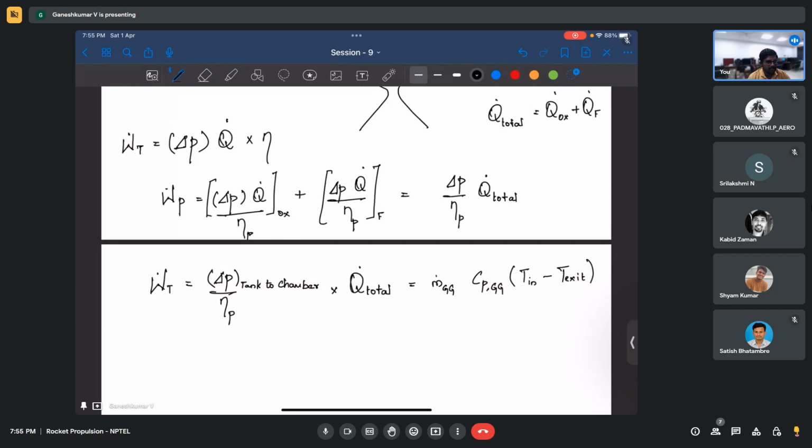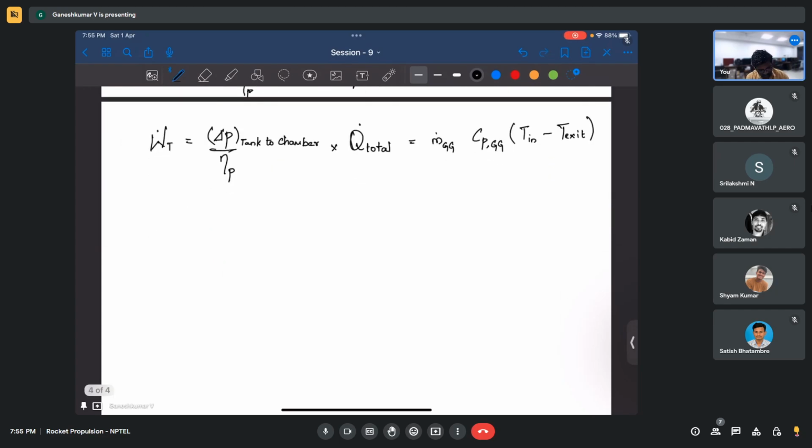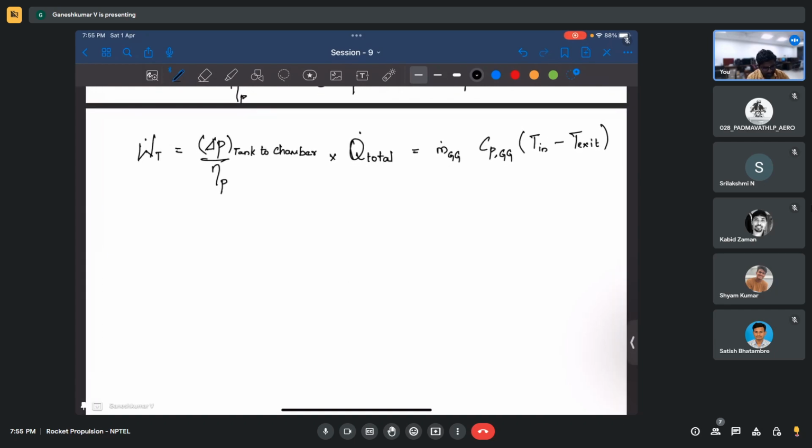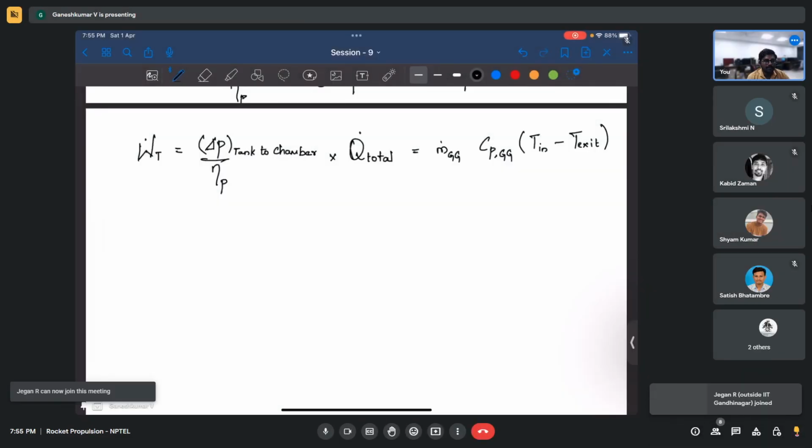Cp delta T, right? That is the energy lost by the gases in the turbine, and that should be equal to the turbine work, right? So is this clear? It's just energy conservation. You can arrive at this from the first law of thermodynamics. The delta E is equal to Q plus work done, right? Here we are considering turbine to be adiabatic, and from there only you will get this relation.